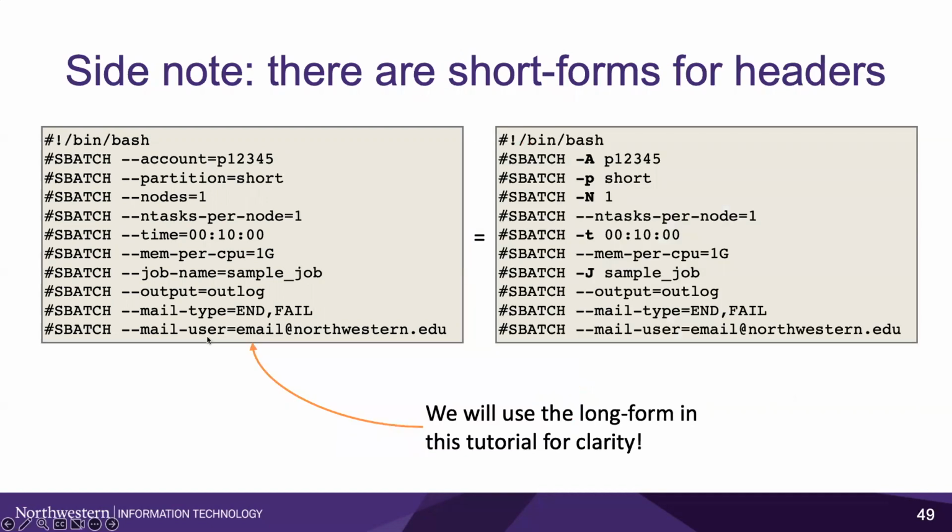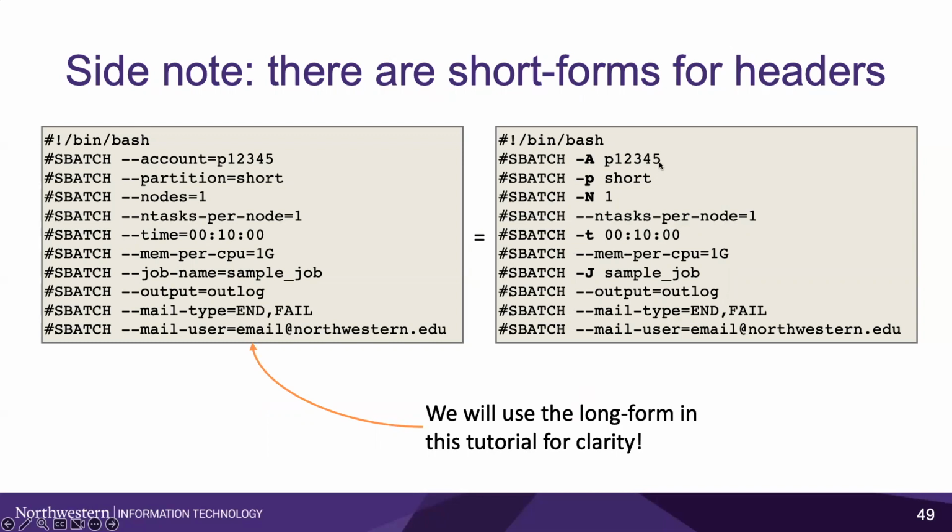Before we get into each one of them, I just wanted to briefly note that there are short forms and long forms to these Slurm directives. In the left panel, I'm showing you the long form. For example, here we see --account equals something. But on the right-hand side, we see #SBATCH followed by hyphen uppercase A, space, and then the allocation.